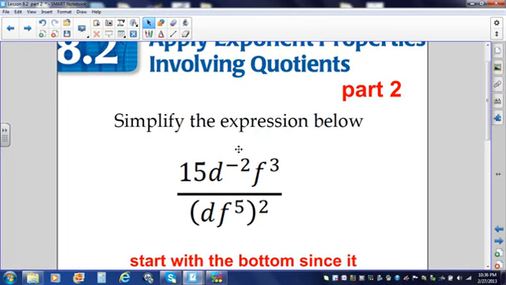So please write the expression on your paper: 15d to the negative 2 f cubed over (df to the 5th) squared.